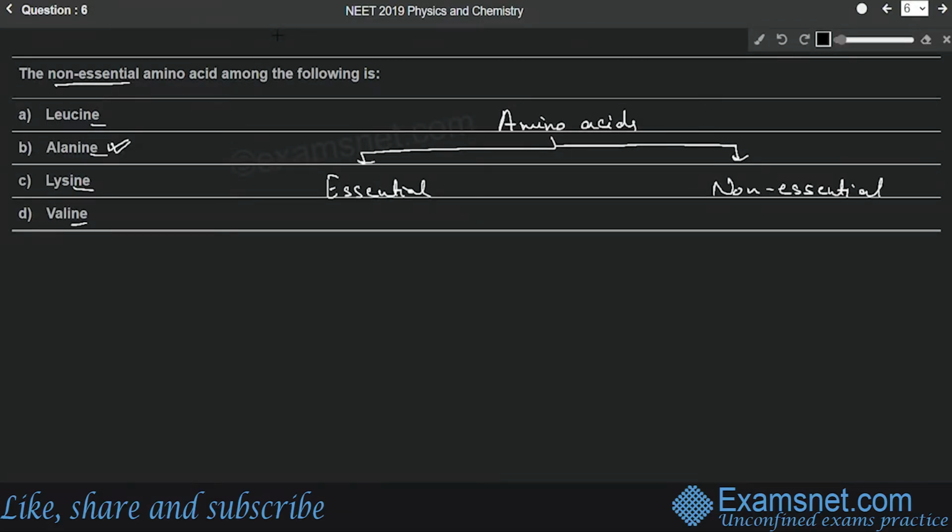As the name suggests, it is essential for us to consume some amino acids, and these are known as essential amino acids. Okay. Because these are not produced within our bodies. Therefore, they need to be consumed.